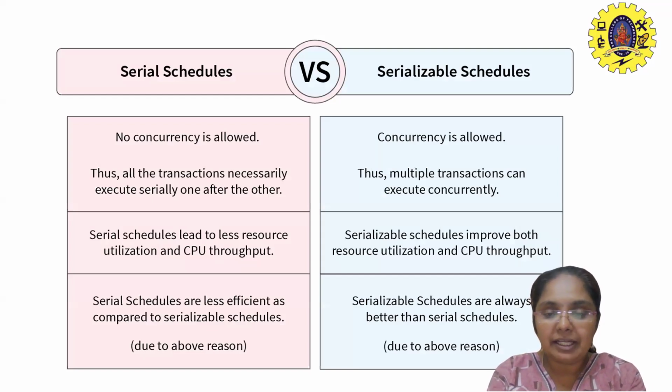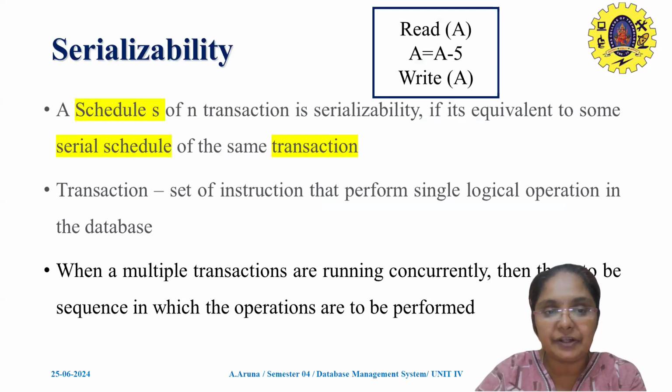But a serializable schedule improves the utilization of resources as well as the CPU throughput. A serial schedule is less efficient compared to the serializable schedule. So this is the major difference between the serial schedule and the serializable schedule.